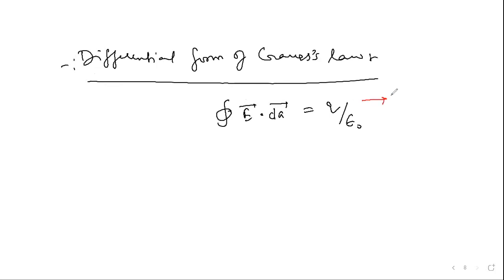When we write Gauss's law this way, it is called the integral form, as it contains integration, the surface integral on the left hand side. Now, there is another way of writing Gauss's law, which is called the differential form. How we obtain the differential form from this integral form is my topic. Why is that called the differential form? Because that equation basically contains derivatives, right?